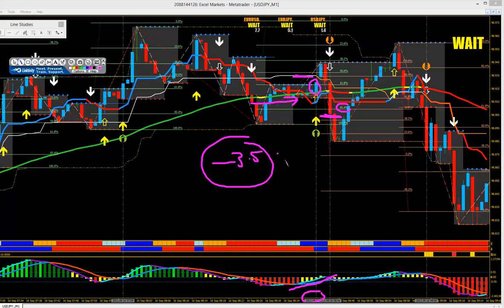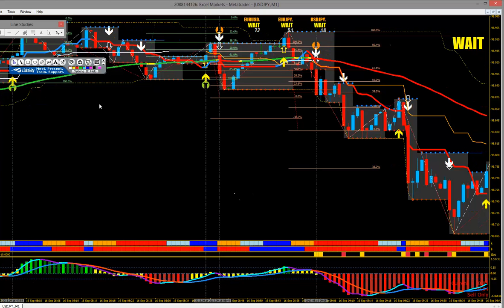The next signal, oops. Next signal was the bar that we would have been stopped out on.